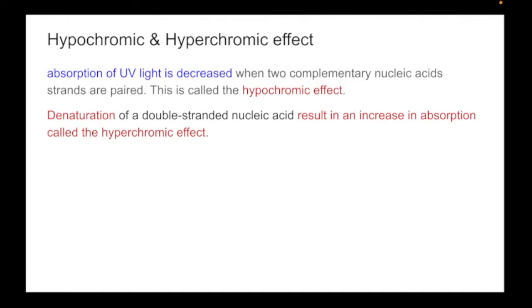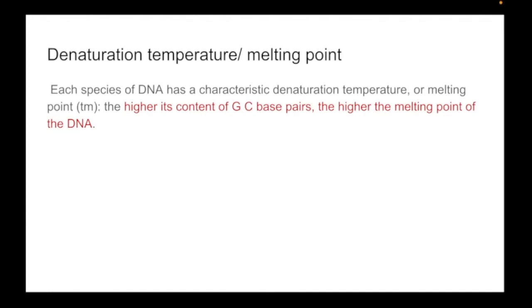When the two strands of DNA are present, it absorbs less UV light. This is known as hypochromic effect. The denaturation of double-stranded nucleic acid results in an increase in absorption of UV light, and it is called hyperchromic effect. The temperature of denaturation or melting point temperature depends on the GC content of the DNA.